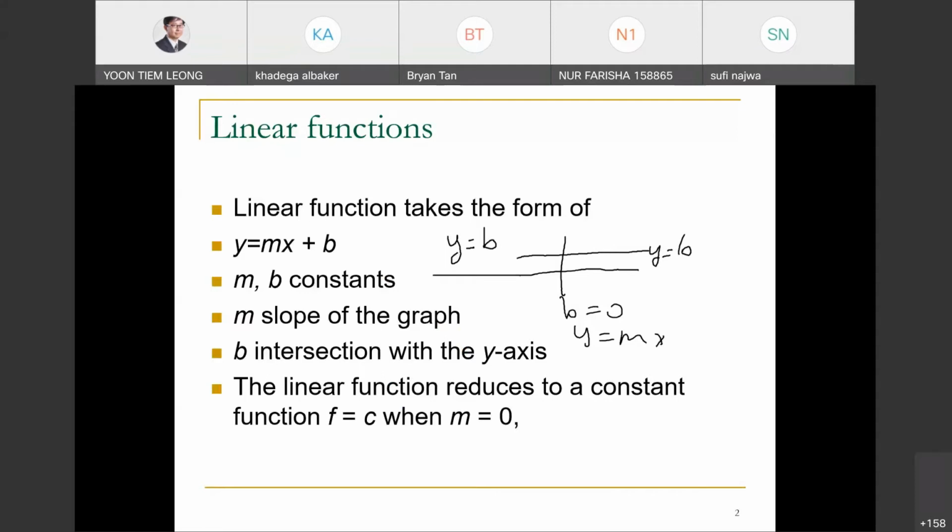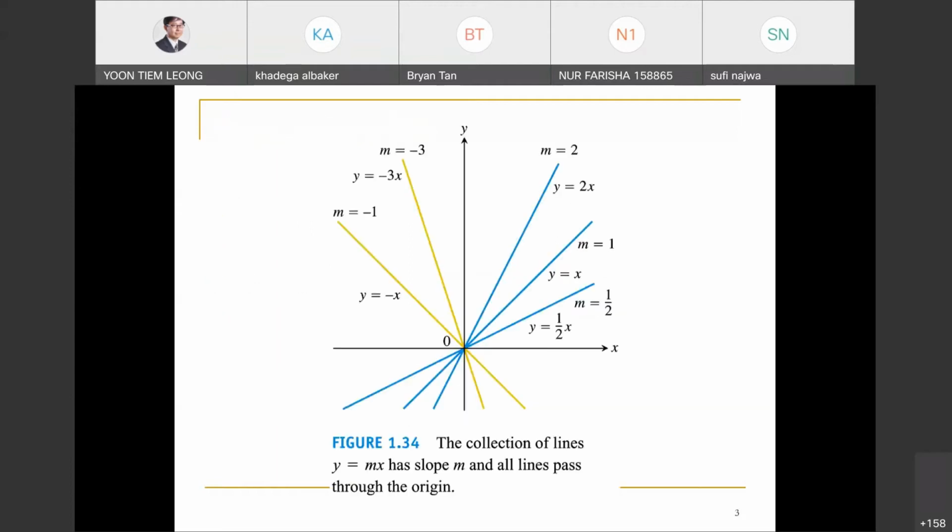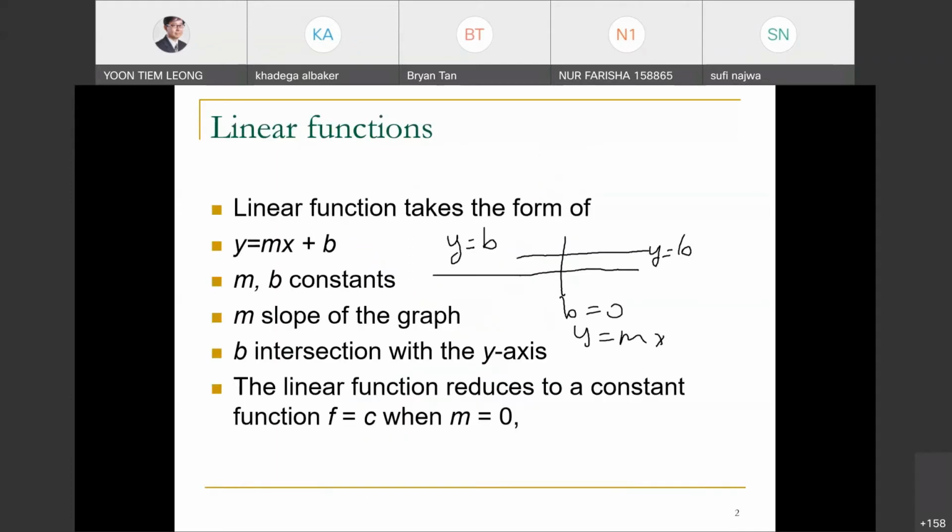Say, for example, the slope is m and b is the intercept, and the general shape of a linear function looks like this.